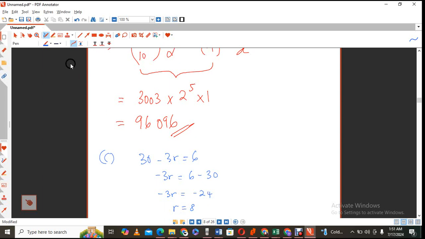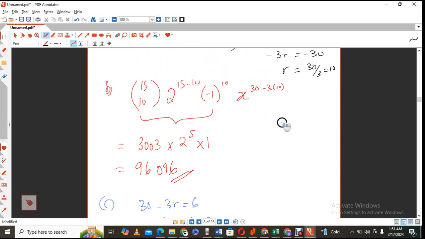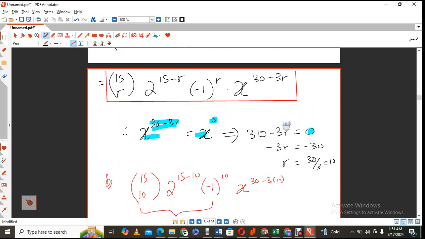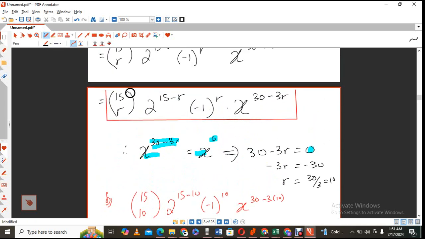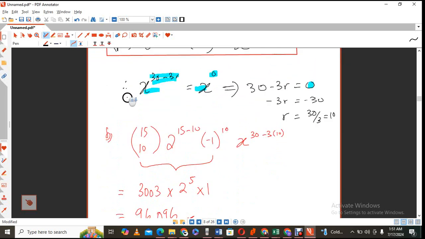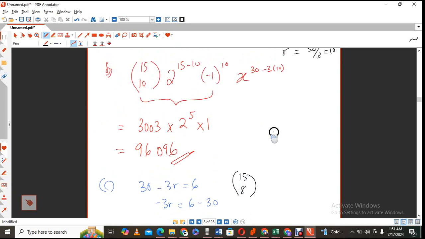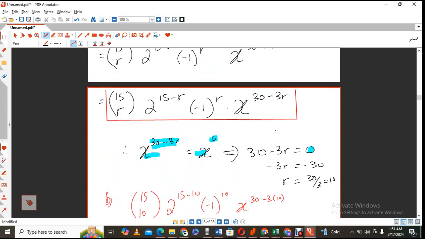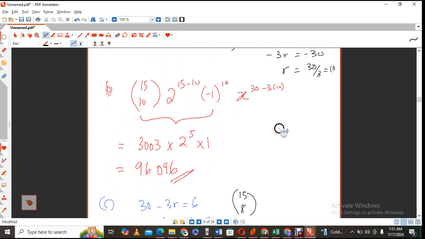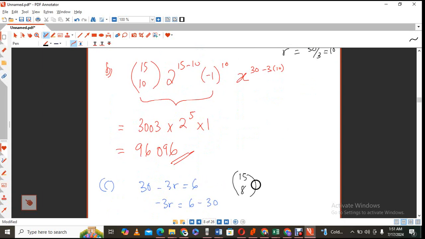So that means I'm going to go back to my holy grail, the one that I have put in parentheses here. I'm going to take 15 choose r, so 15 choose 8. And we go back, and that was 2 raised to the power 15 minus 8.